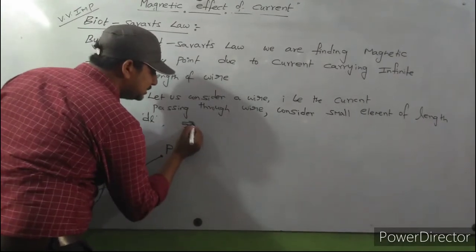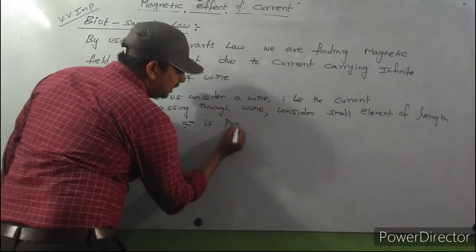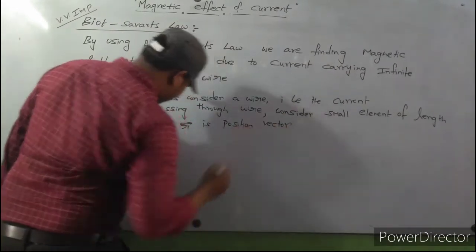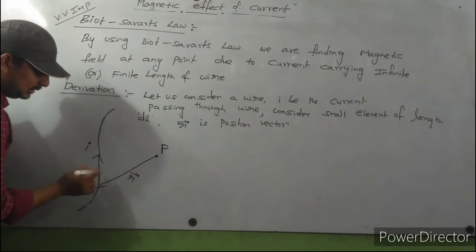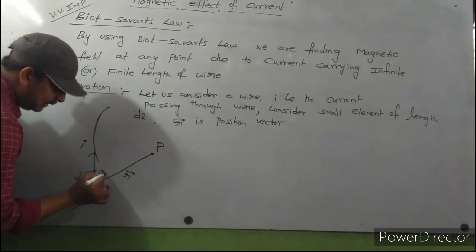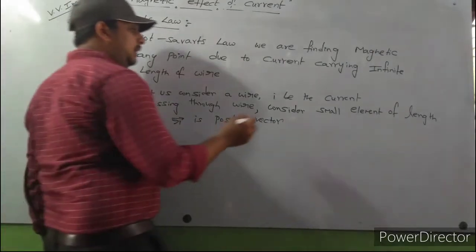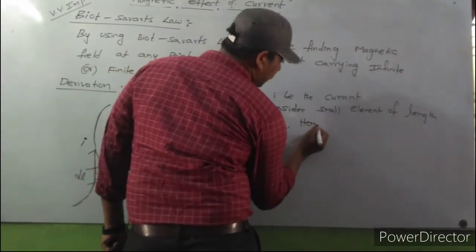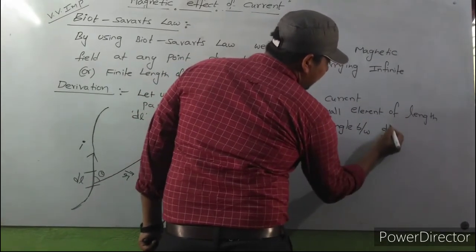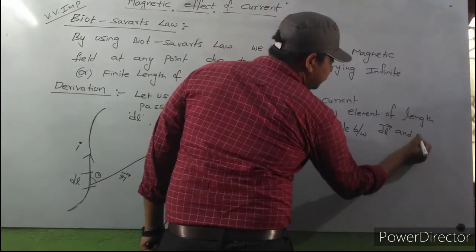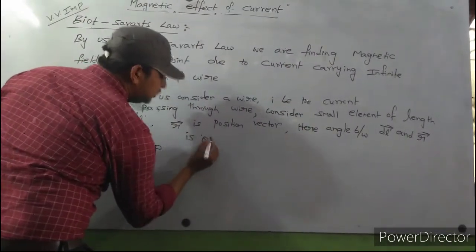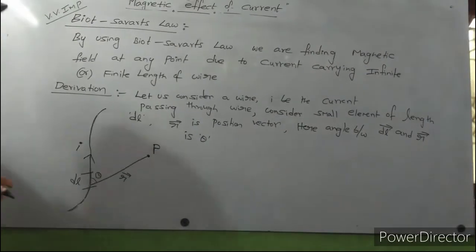Here r bar is a position vector. The angle between dl bar and r bar is theta.